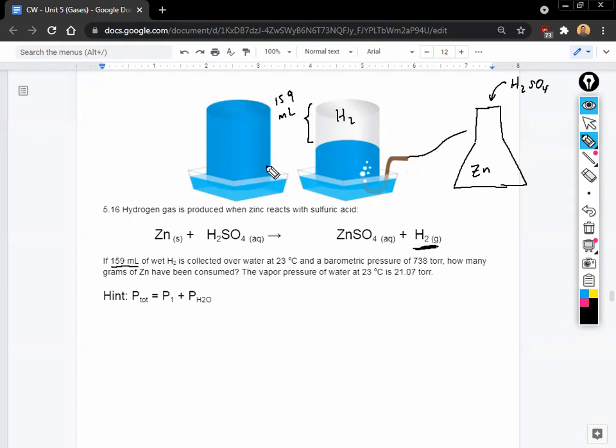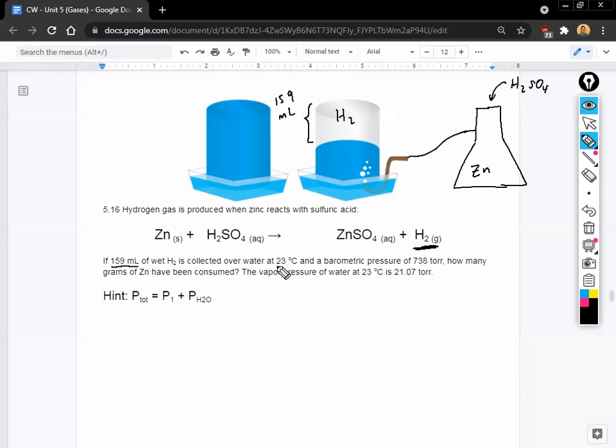If you want to draw this somewhere on your paper, I recommend it because it's a good way to visualize what's going on in this problem. Again, H2 gas is the gas that's produced. So if we trap it on top of the water, it's just telling us that it takes up 159 milliliters of space. Okay.